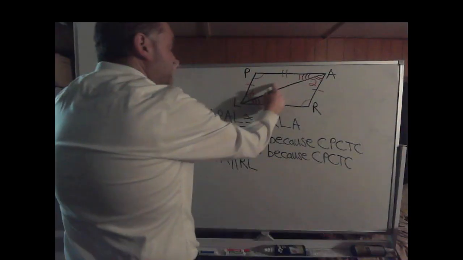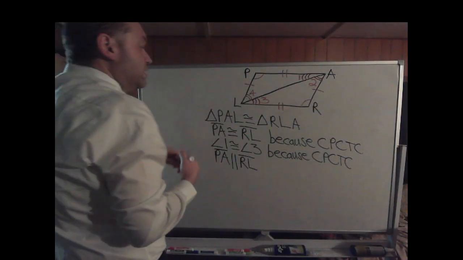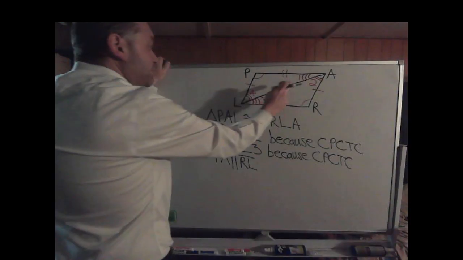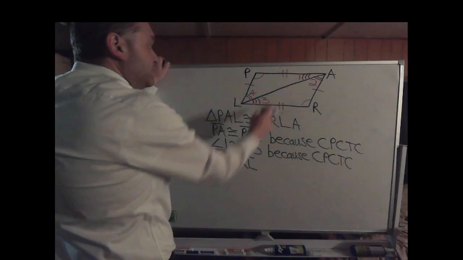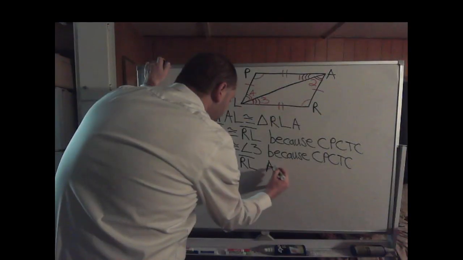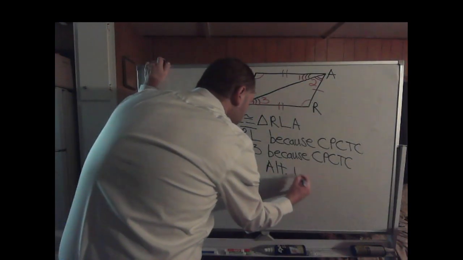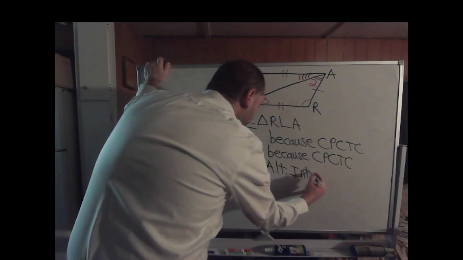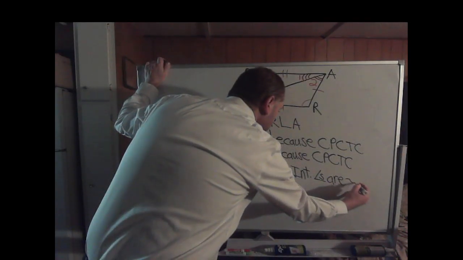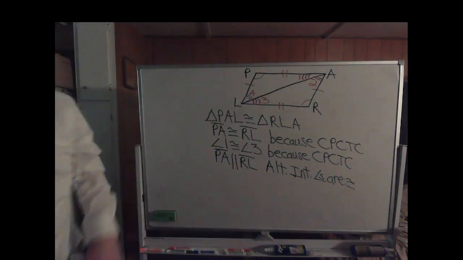Because you have this transversal LA here. And both RL and PA are cut by transversal LA. And you have alternate interior angles that are congruent. So that's your reason. Alternate interior angles are congruent.